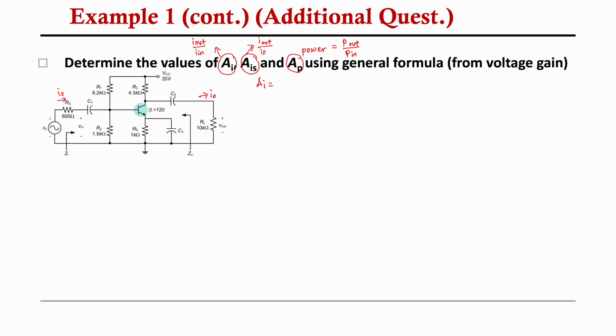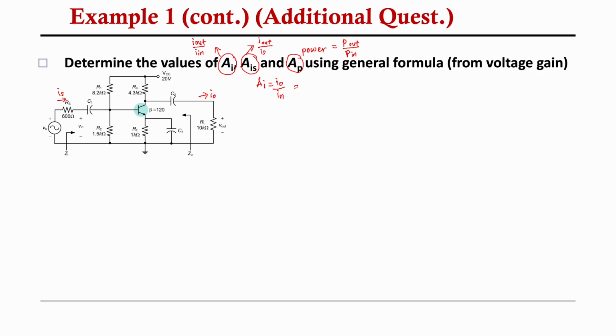So AI is I at the output divided by I at the input, right? To find it, we need to find the value of I at the output first. So now let's draw the KVL.